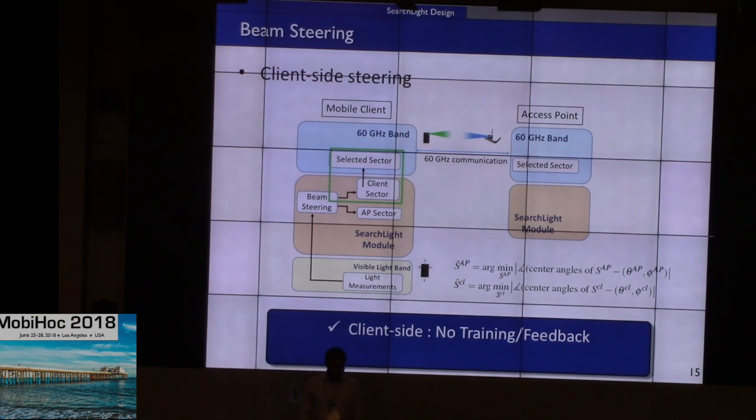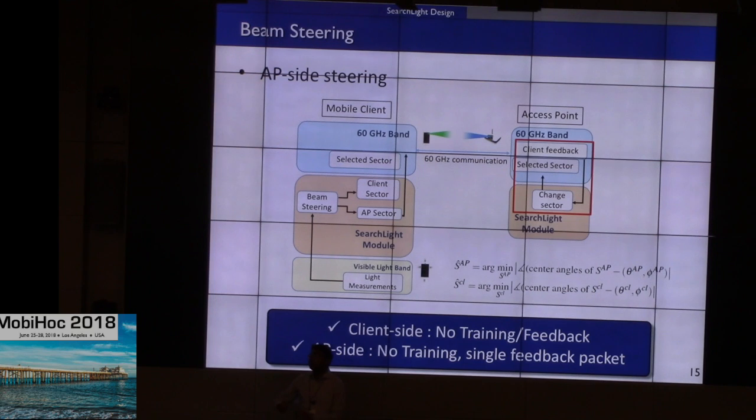Whereas for the access point side adaptation, we require some feedback so that the client can tell the AP which beams to use and how and when to change its beam. For this, we require a single training frame, which can be sent as a standalone packet, or we can piggyback it to an ongoing transfer. And in our evaluation, we have extensively evaluated the overhead and the latency involved with this feedback process as well.